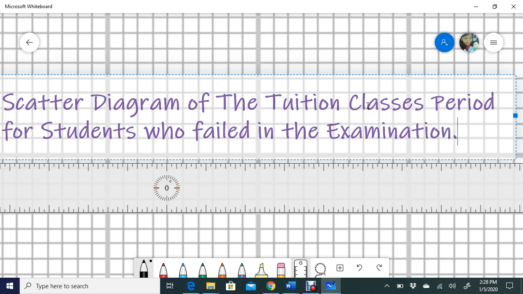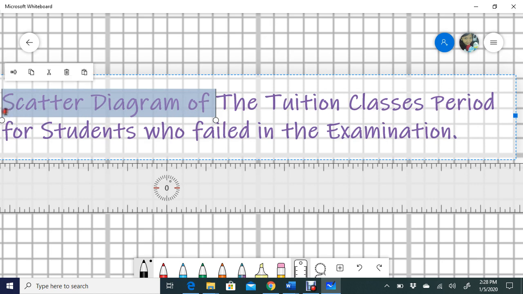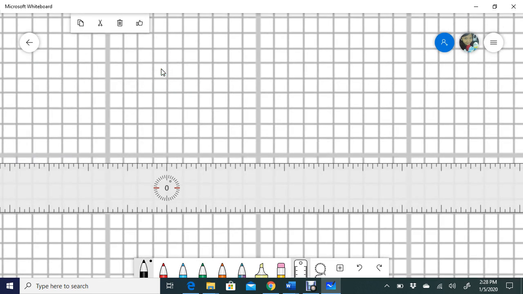Just copy, but with the title you must start with scatter diagram of. Is that okay?